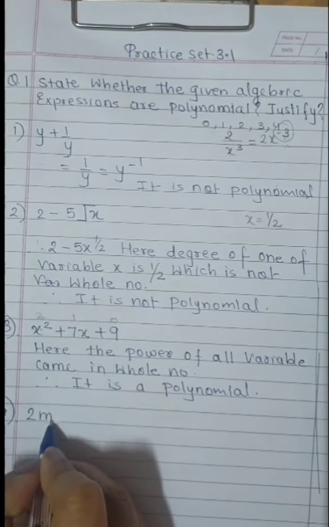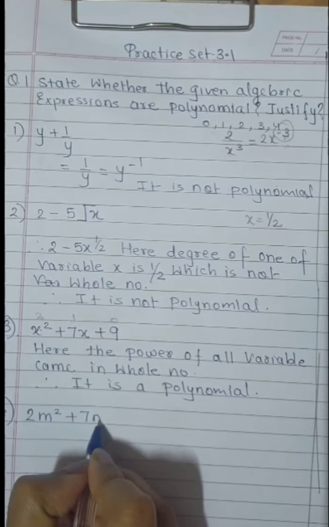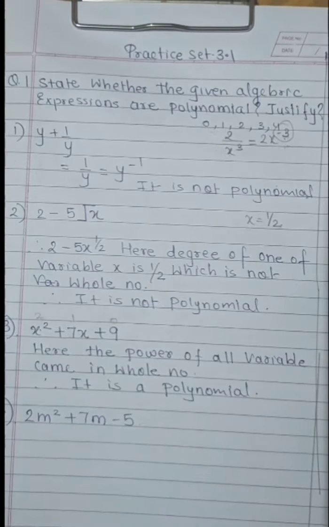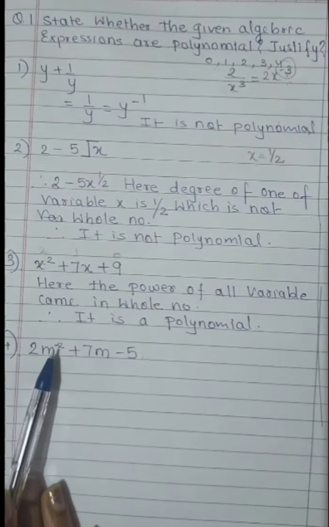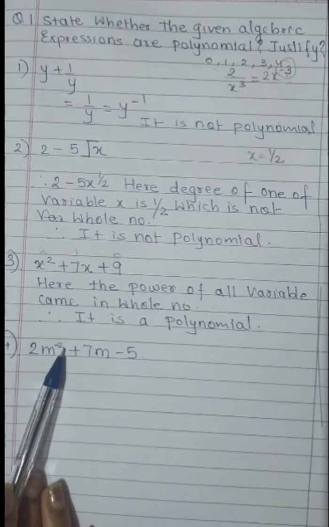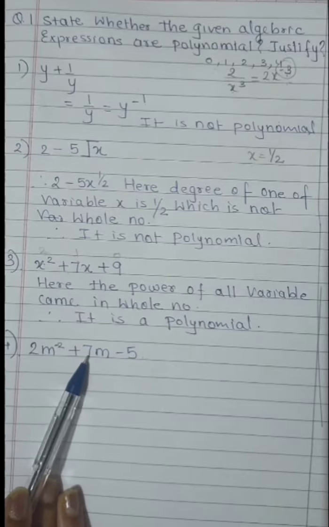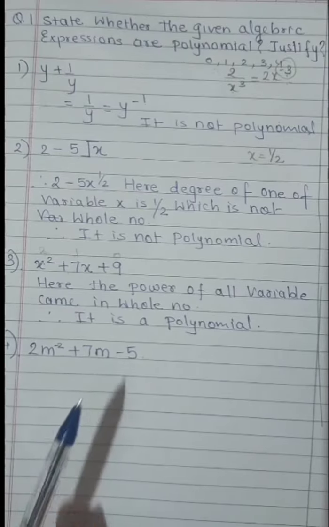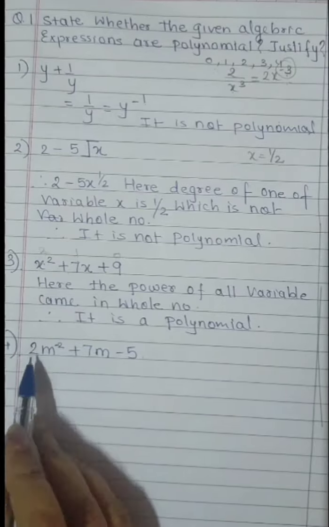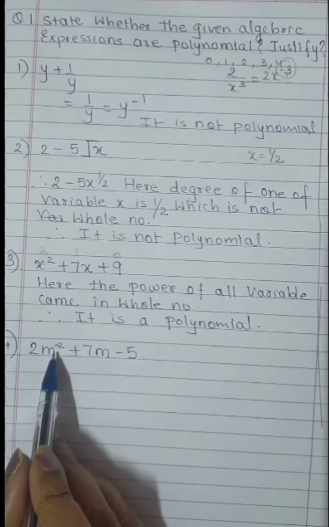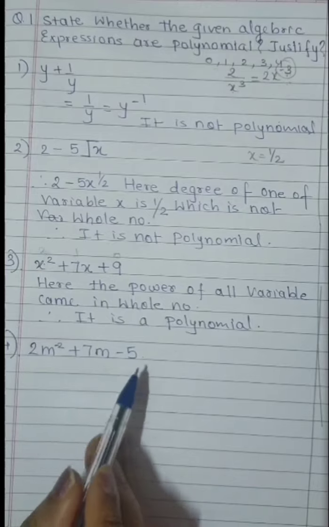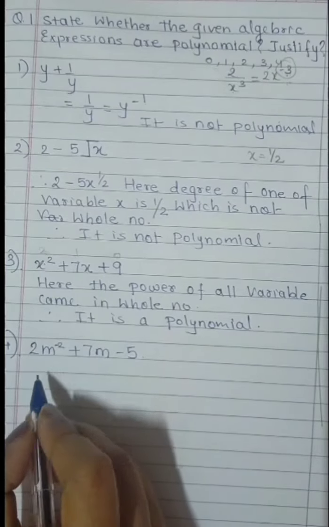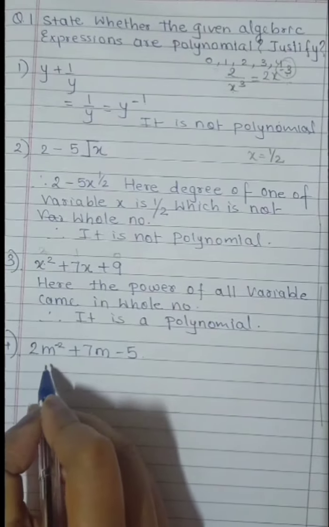Now fourth question. 2m square plus 7m minus 5. See, the next equation given is 2m to the power minus 2, plus 7m minus 5. So you can see here a minus sign is already there. So the whole equation is not considered a polynomial.